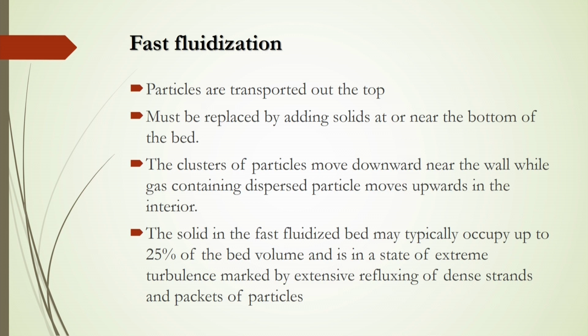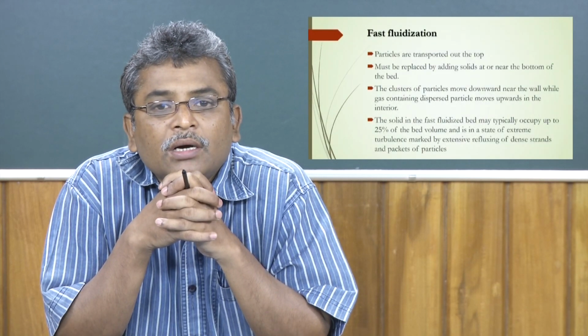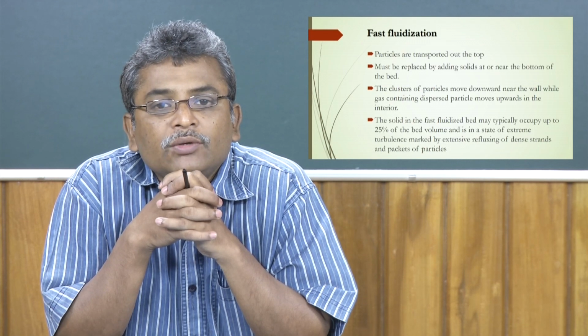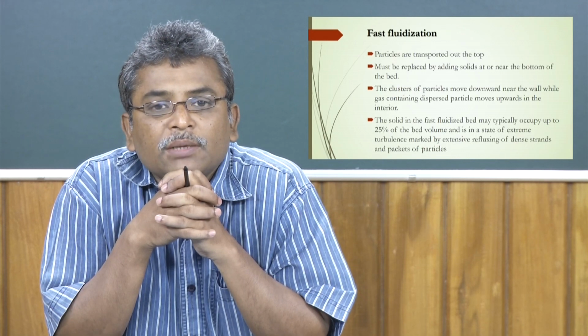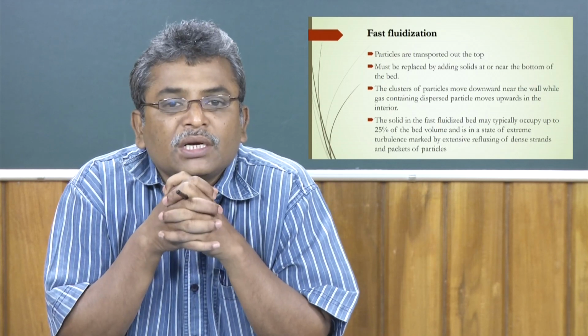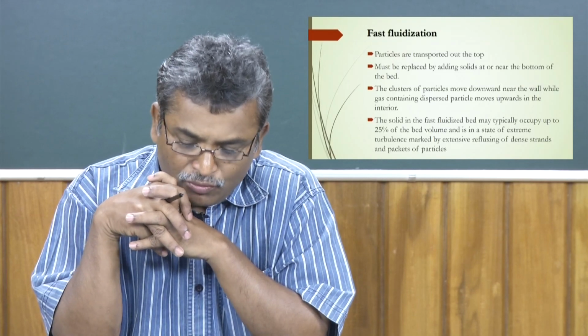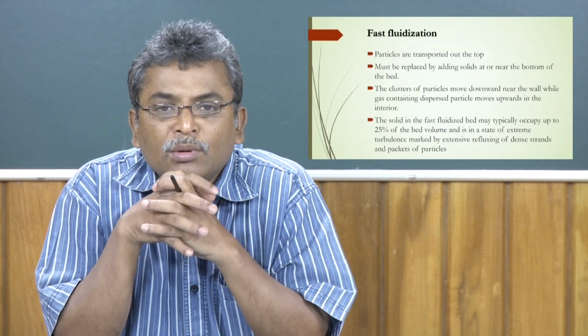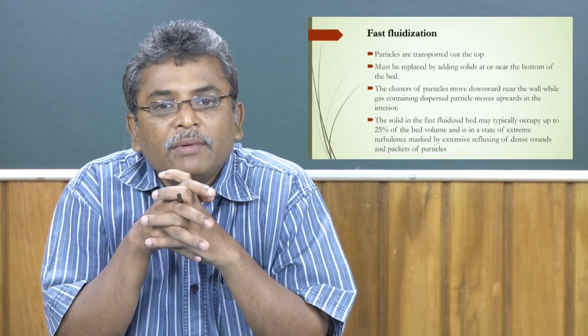And if big clusters are formed inside the bed, of course, they will not reach the top immediately. Sometimes because of their weight, they may go back to their previous position. That means there will be a tendency of formation of circulation downward, and that is why there is downward movement of the solid particles near the wall, because to get back it will have enough space.